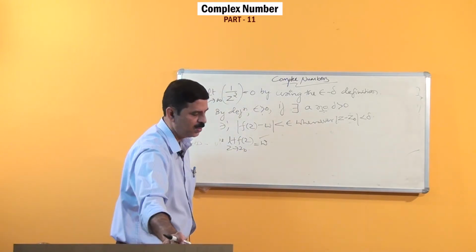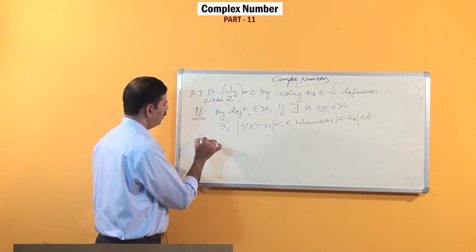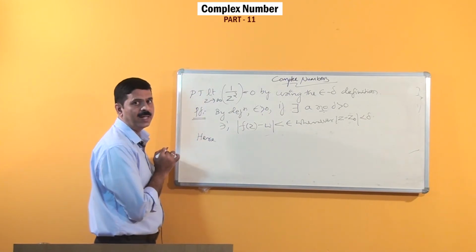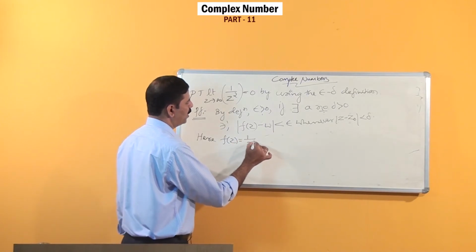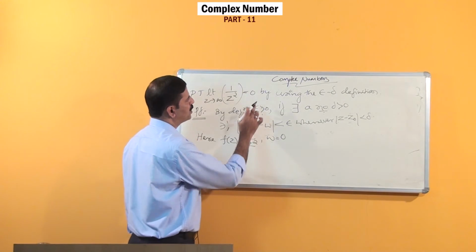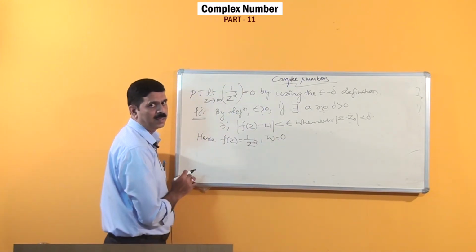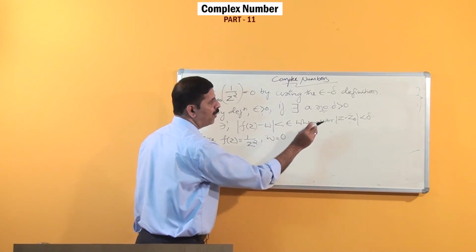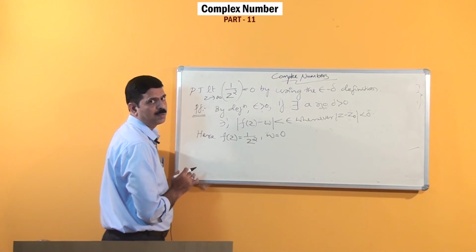Now, what is given here? For your convenience, I will write f of z is equal to 1 by z square, and w is equal to 0. You substitute and find a suitable delta so that this is less than epsilon.